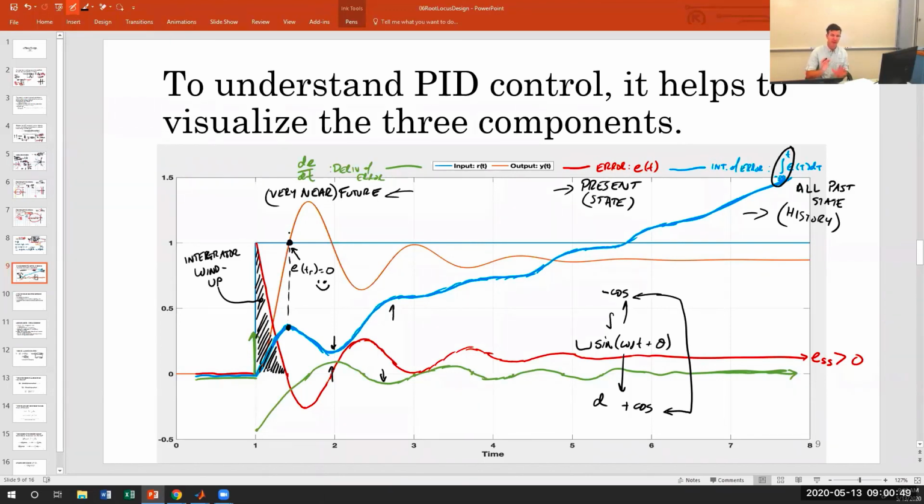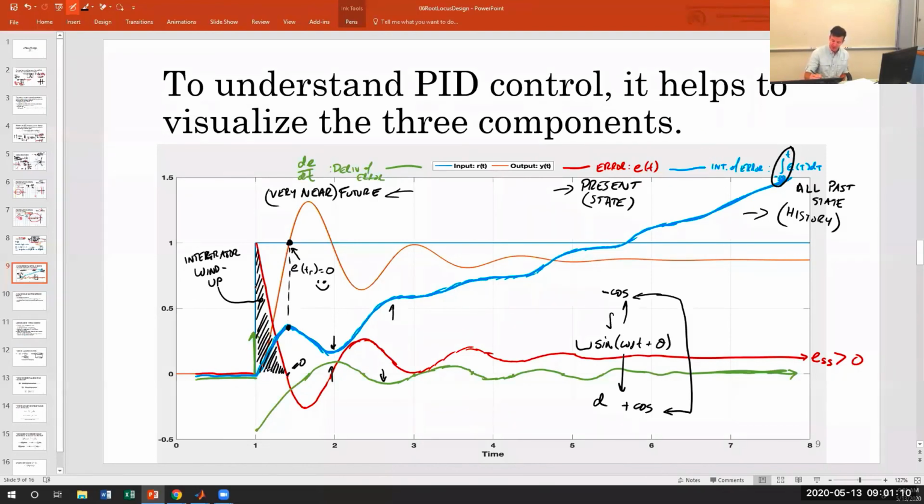The proportional controller says, everything's good, the actuator can calm down, right? Because this signal is 0. But the integral is going crazy, because the integral is saying, look at all this past error. We need to keep acting. We need the actuator to keep going.